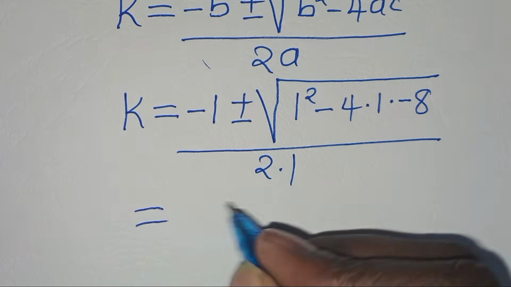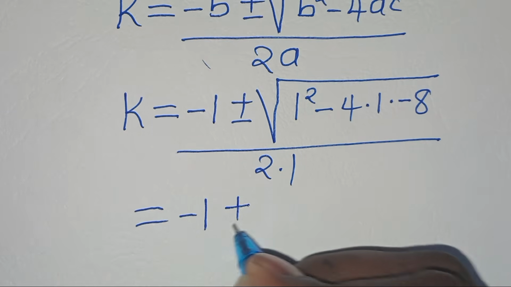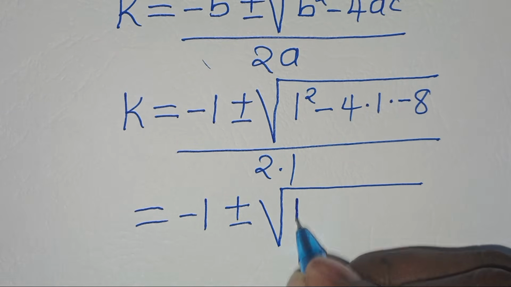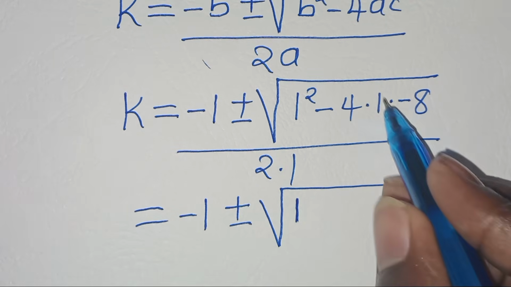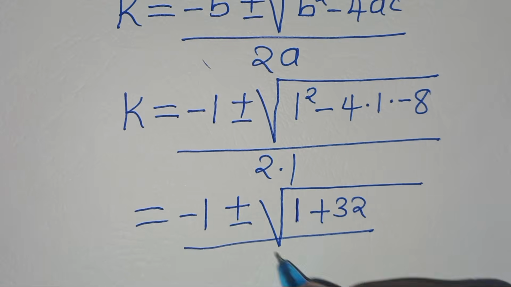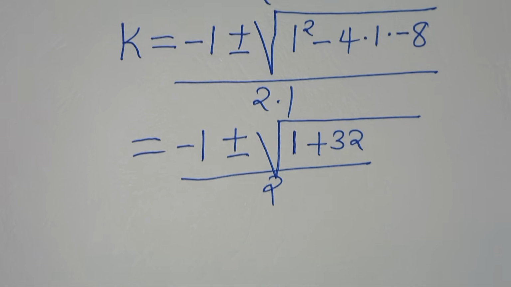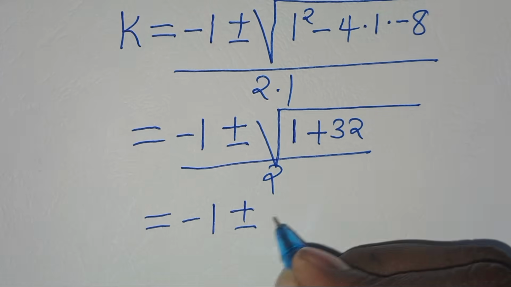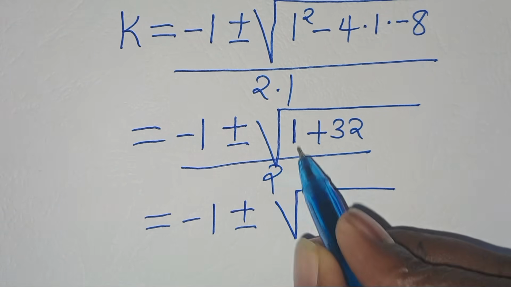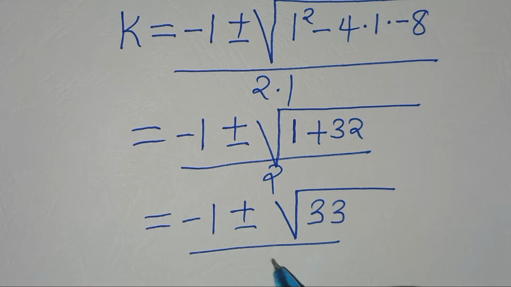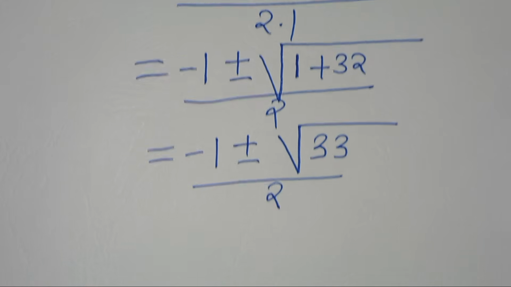So this implies that here we have -1 plus or minus the square root of 1 squared is 1, minus 4 times 1 times -8, this is plus 32, then divided by 2. So here we have -1 plus or minus the square root of 1 plus 32, this is the square root of 33, then divided by 2.